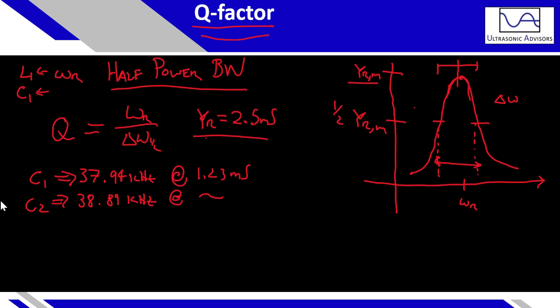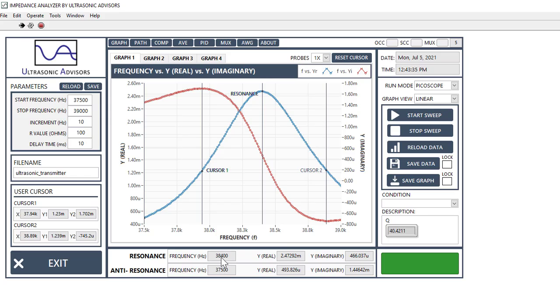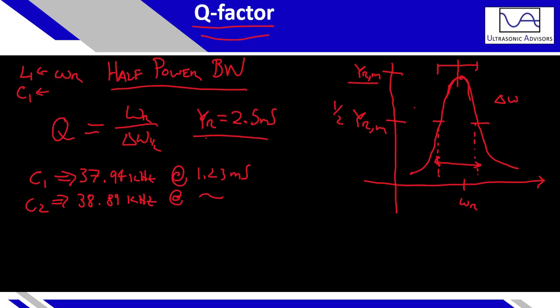So you subtract, and the resonant frequency, I think you wrote that down before. The resonant frequency is at 38.4 kilohertz here. So you subtract these two values from each other, and the difference, the delta frequency, is 0.93 kilohertz.